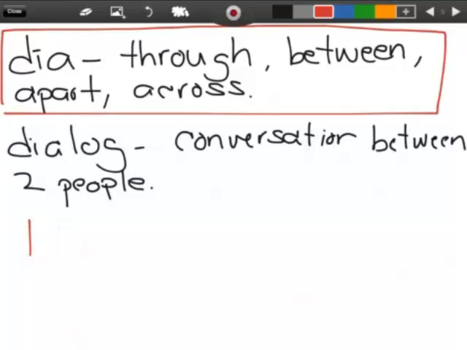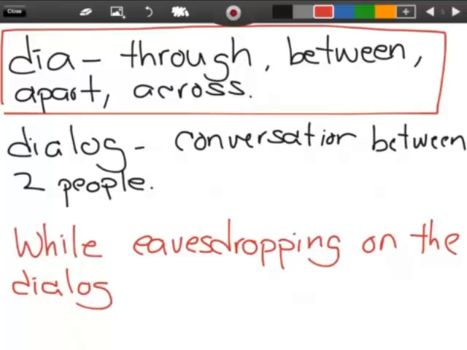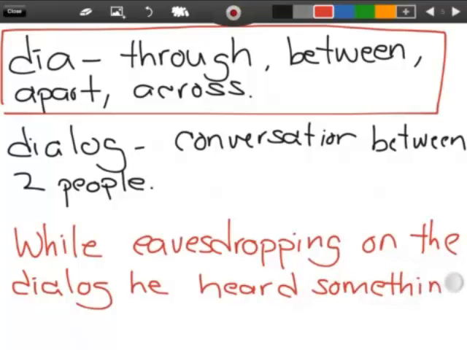While eavesdropping on the dialogue, he heard something important. I'm going to read that to you guys. While eavesdropping on the dialogue, he heard something important.